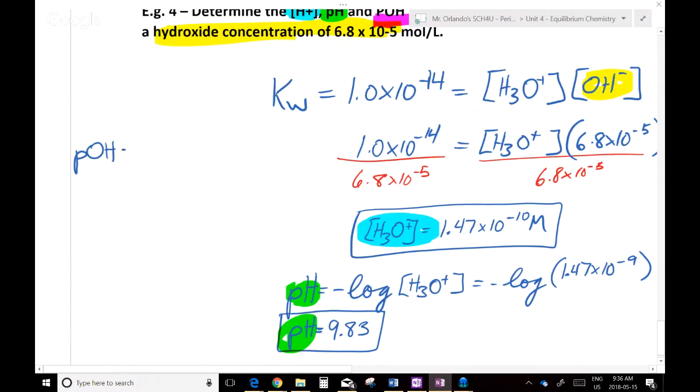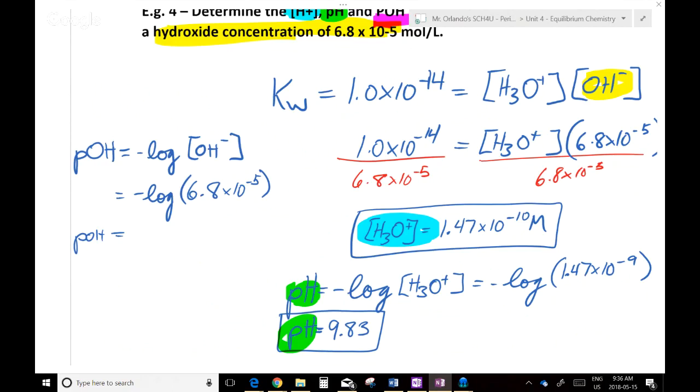So pOH is just the negative log of the concentration of OH-, which means it's going to be the negative log of, in this case, what? I think it was given in the question. This will be 5 point something, or it won't be with my track record today. .167, so we'll call that 4.17.